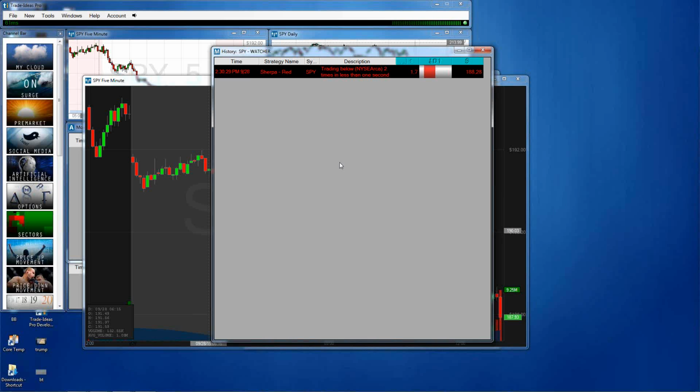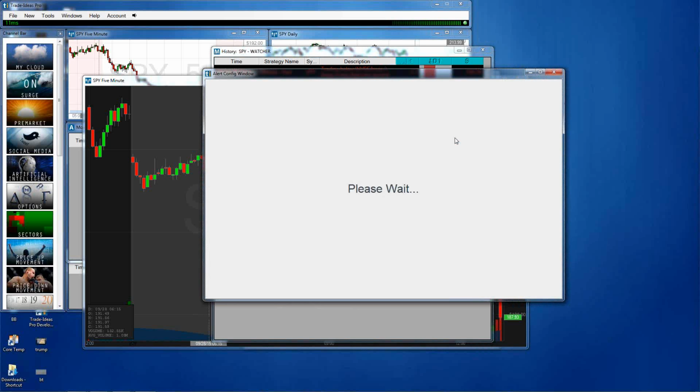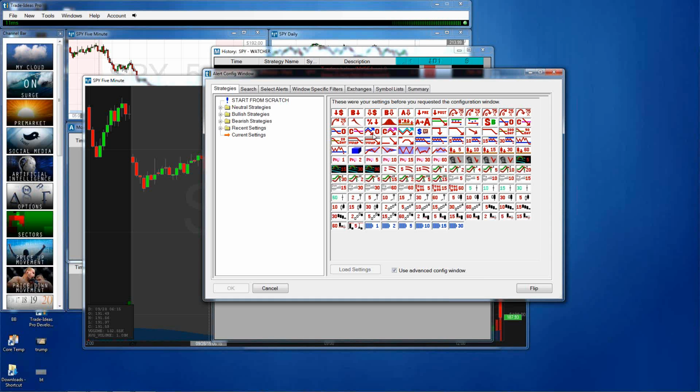So the point that I was going to try to make, instead of trying to bring up another version and waste our valuable time here, is that if you were watching this window, which, by the way, is only looking at the SPY, and one strategy has all the bearish alerts, one strategy has all the bullish alerts.